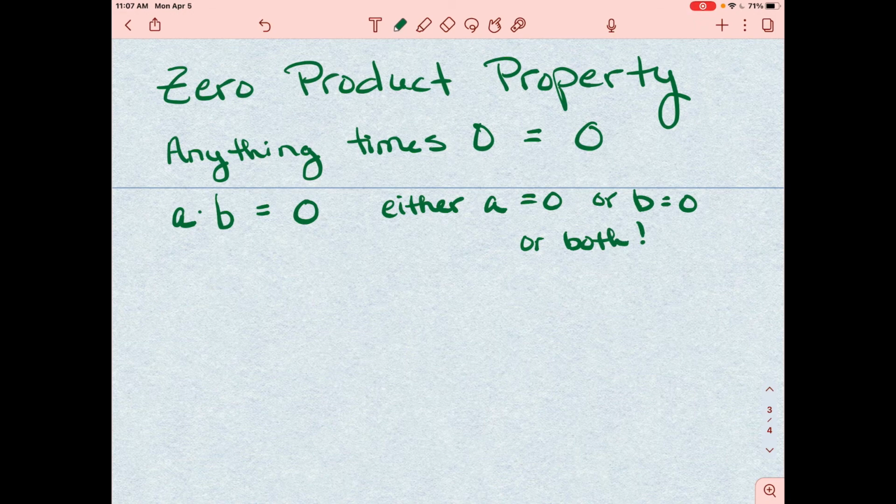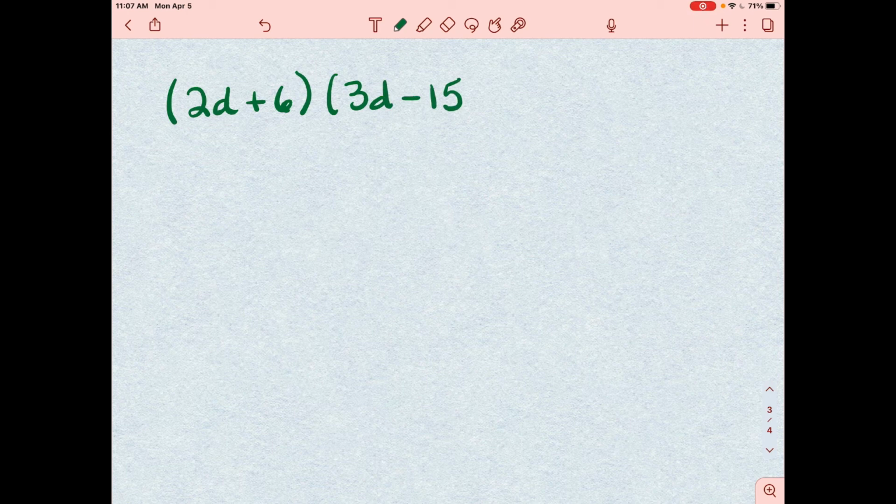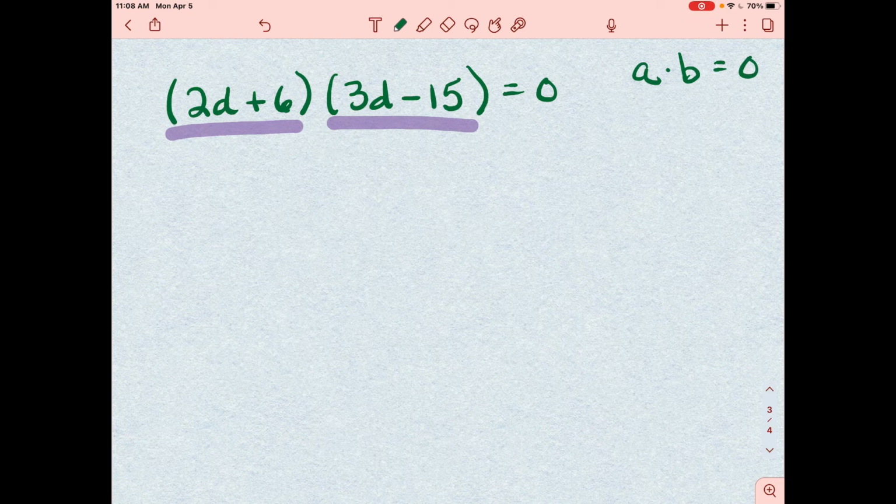So what does that mean? It means that when we have an equation like 2d plus 6 times 3d minus 15 equals 0, notice that we have two things multiplied together that equal 0. Remember, a times b equals 0. This is a times b equals 0.